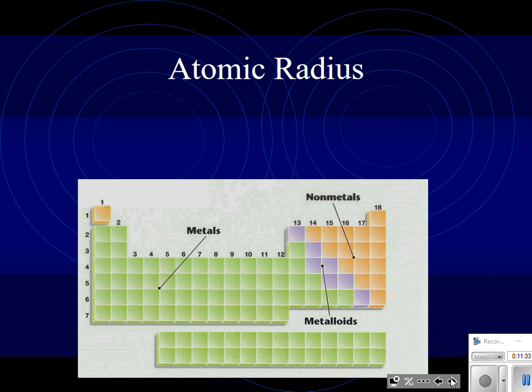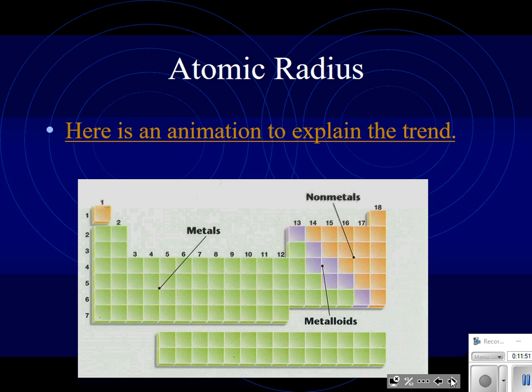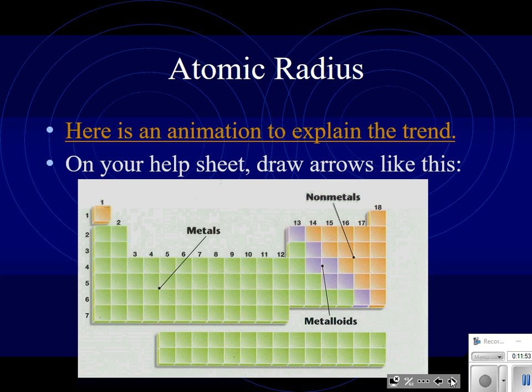So you have a chart, and you have a help sheet, and your help sheet has a place for the atomic radius, and it looks something like this, only it is in black and white, not color. So when I'm looking at the atomic radius on my help chart, as they go down, they are increasing.